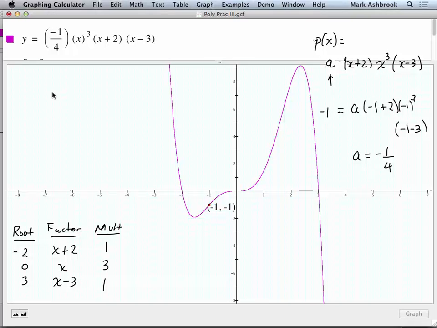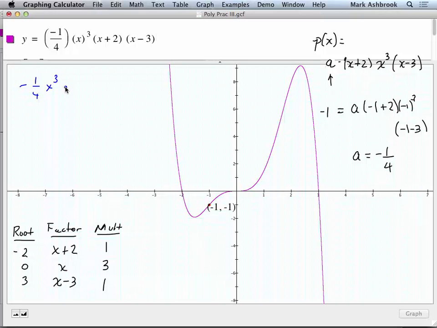So what do we look at to look at the end behavior? Okay, leading term. So, Brooke, what's the leading term for this? Could you come up with the leading term? -1/4 x cubed.